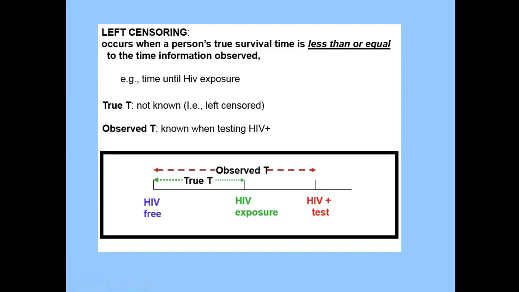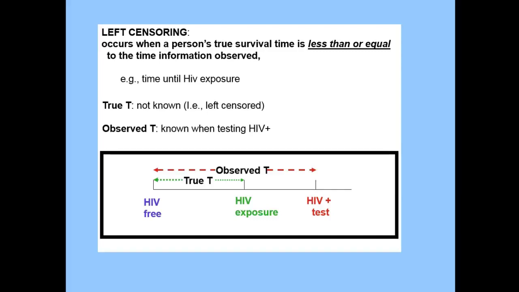Now, if you're asking the question of what's their survival time up until somebody got HIV, exposed to HIV? Okay. Think about this. Survival time until somebody got exposed. Now, how do you detect whether somebody actually has HIV?